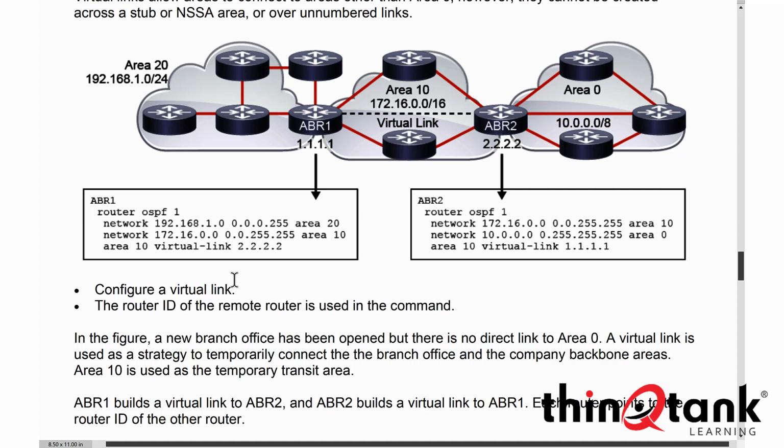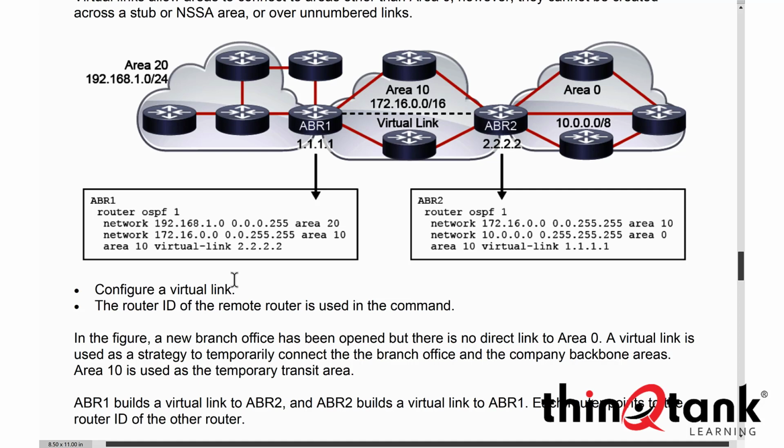The only thing that this does is allow area 20 to appear as though it's attached to area 0. Obviously, we're still going to be learning about routes from area 0, and we still have to be able to get to those destinations in area 0. So we're going to use the standard mechanisms for determining the appropriate path to reach area 0 that we would if it was just doing basic routing.